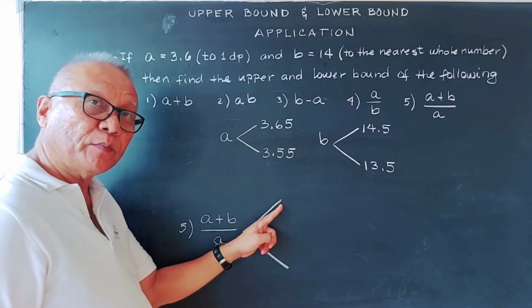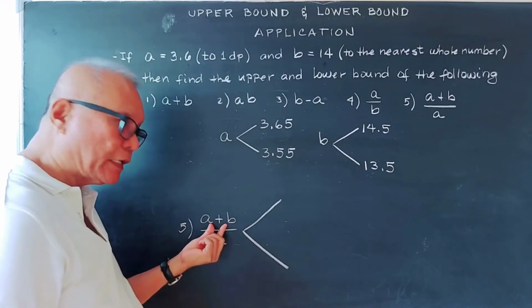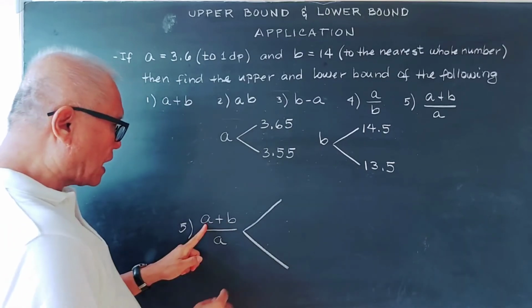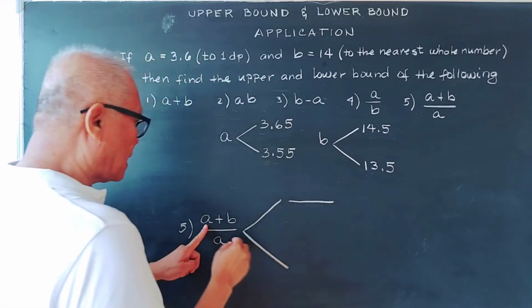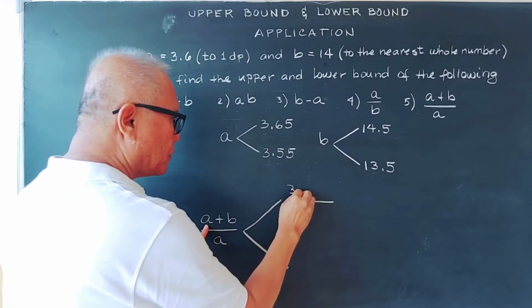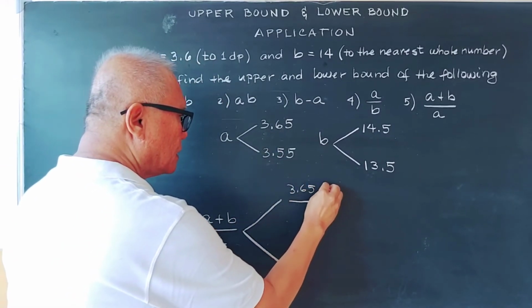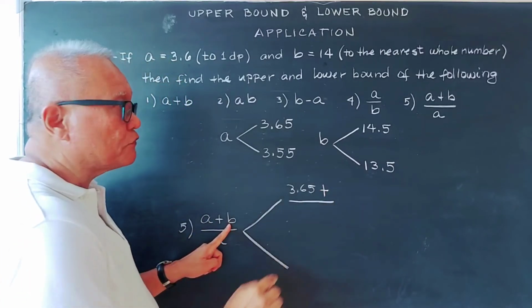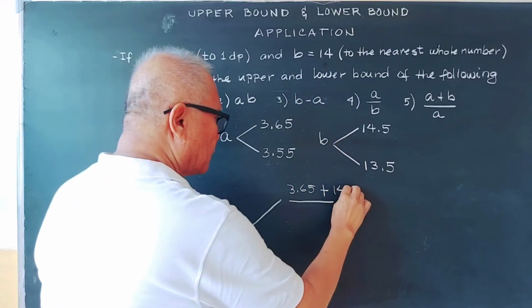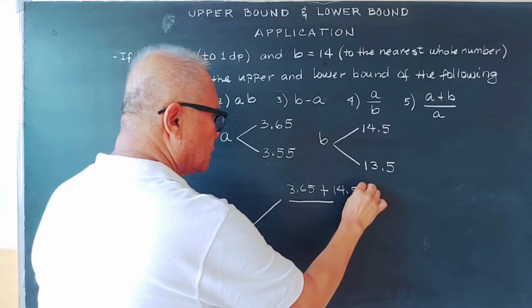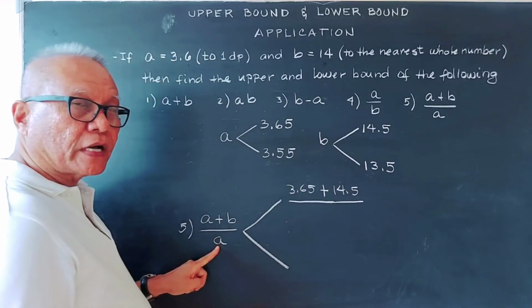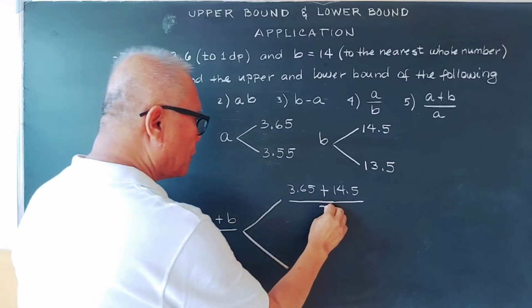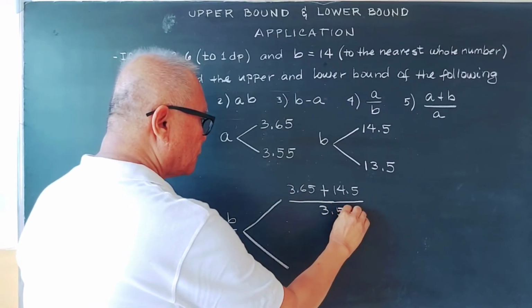Okay, for number 5, we have A plus B divided by A. So for the upper bound, we need the upper of A, which is 3.65, plus the upper of B, which is 14.5, and then we are going to divide it by the lower of A, which is 3.55 here.